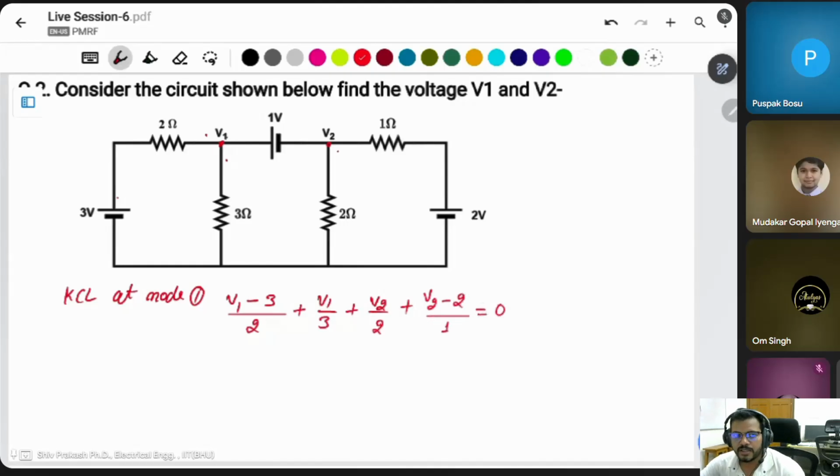This is the KCL in case of the super node. You have to write both nodal equations in a single equation, because the same current is divided into two parts.